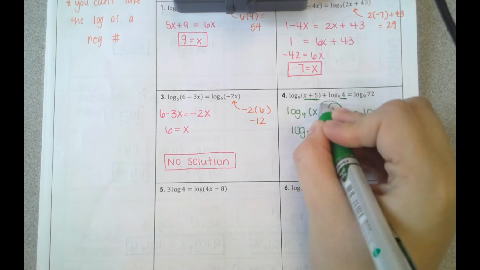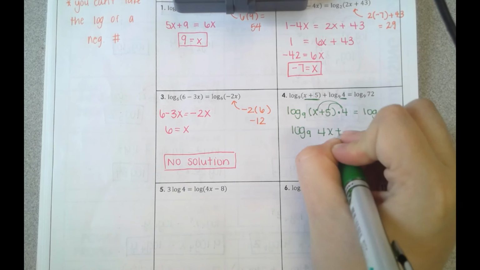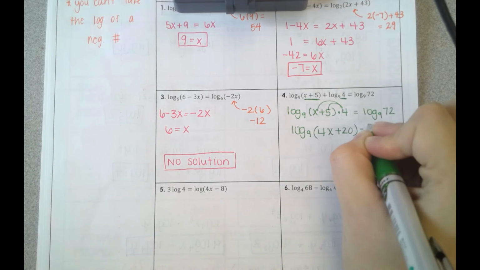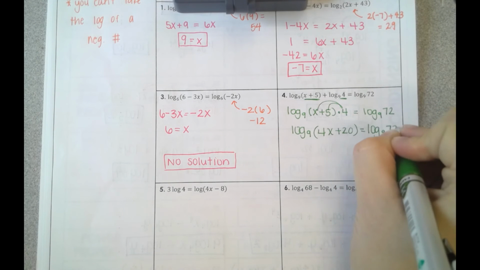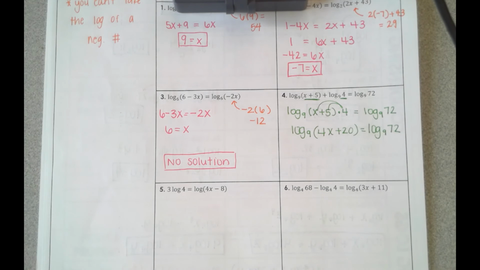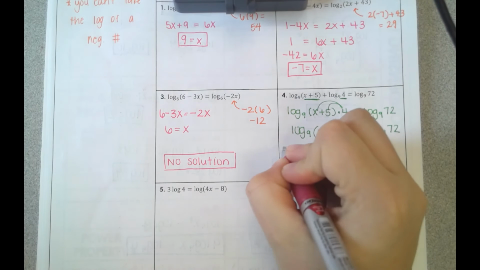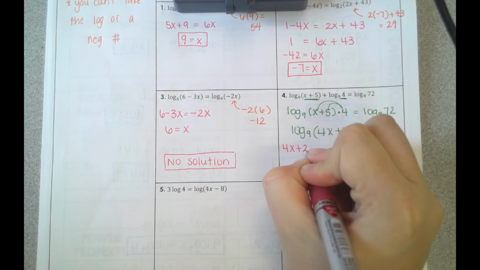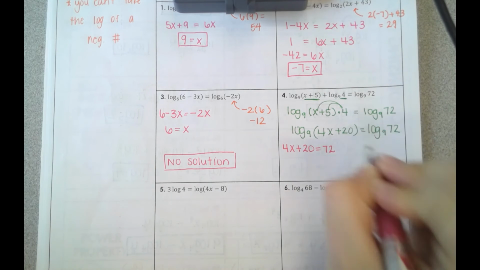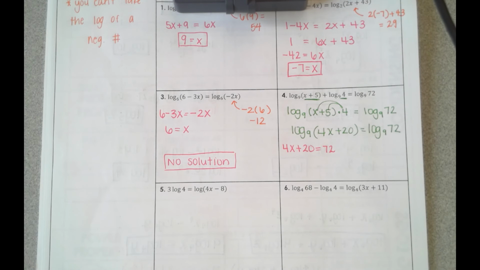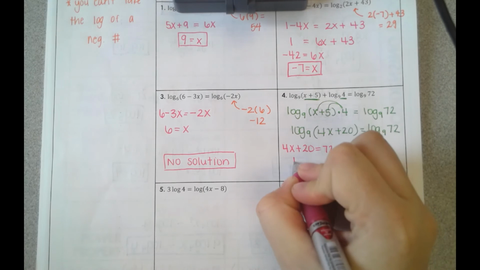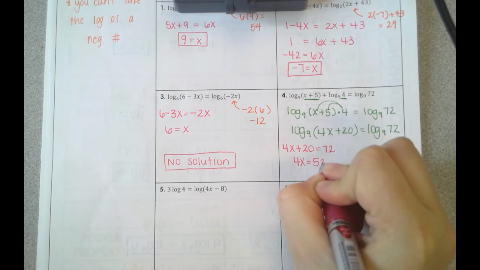And if I distribute, that's 4x plus 20. Probably wrote a little too big there. So we have 4x plus 20 equals 72. So if I subtract 20, we get 4x equals 52.